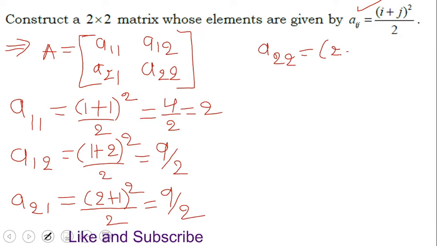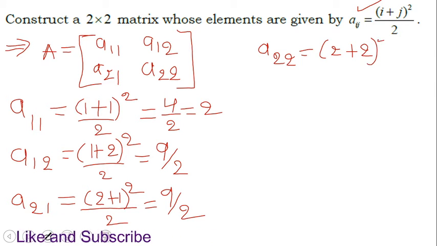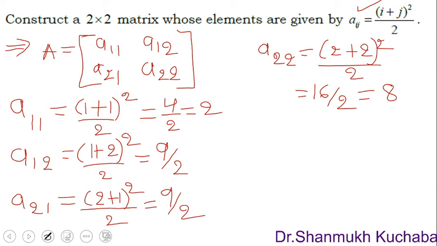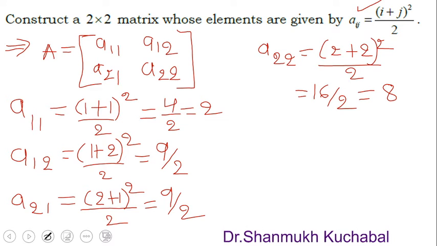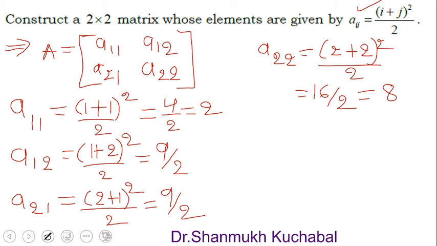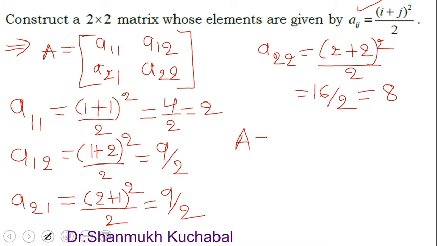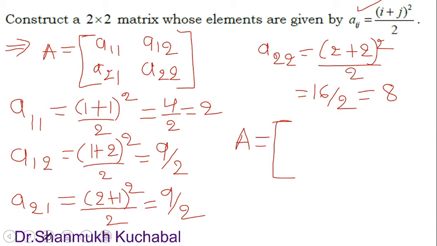So we get (2 plus 2) whole square divided by 2. 2 plus 2 is 4, 4 square is 16, 16 by 2 is 8. Now see, if you solve up to this and stop, it is wrong. Further we have to simplify.